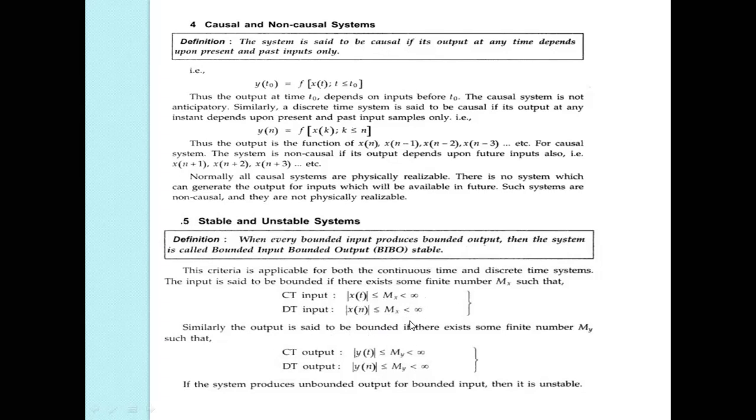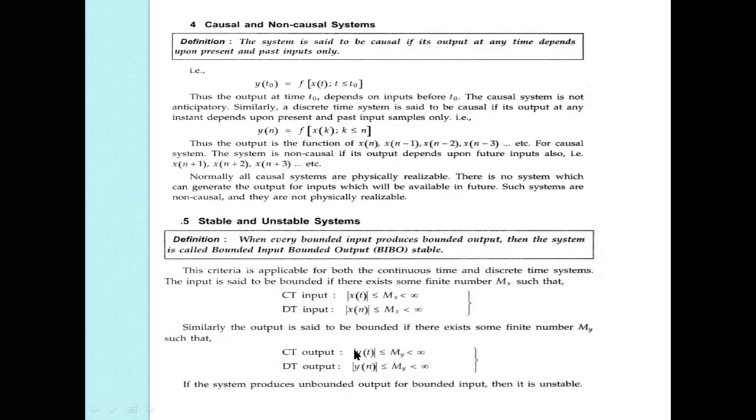Similarly, the output is said to be bounded if there exists some finite number, not infinite, some finite. Bounded means it has a finite value. If the input is bounded, the output is also bounded, we can call it a stable system.